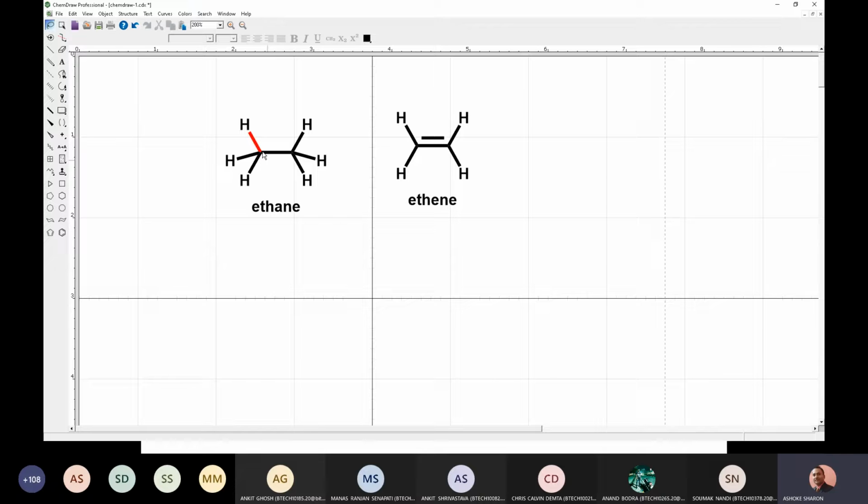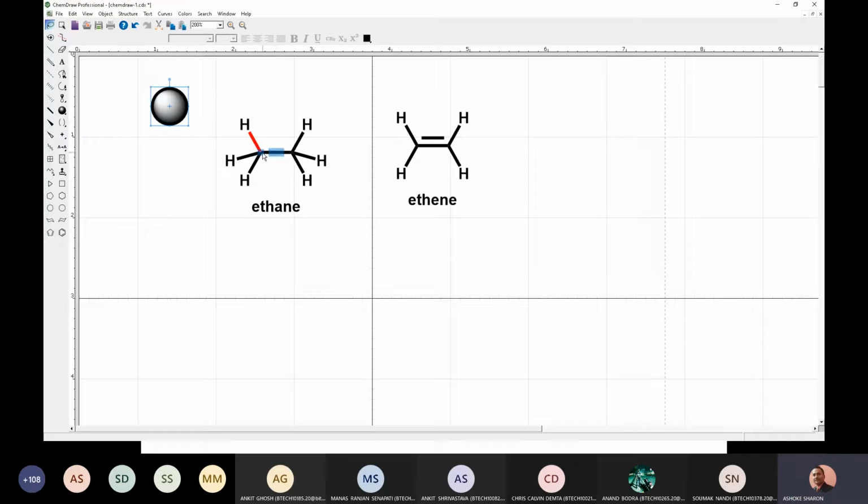Basically the s orbital of this hydrogen is spherical, and at this point you have an sp3 orbital, and they overlap together, and finally the s orbital and sp3 orbital combine, and the sigma bond appears here at this point.